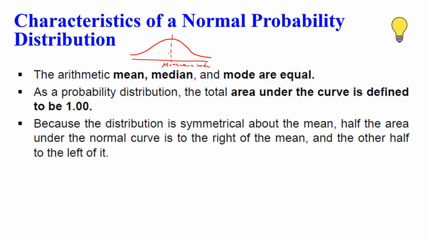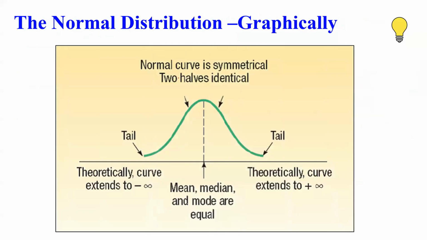And as I said earlier, the total probability under the curve must be equivalent to 100%. So you should know that. This is the curve I mentioned: it is symmetrical, and at this point the mean, median, and mode are all the same. This is the peak, and this is what we call a tail.